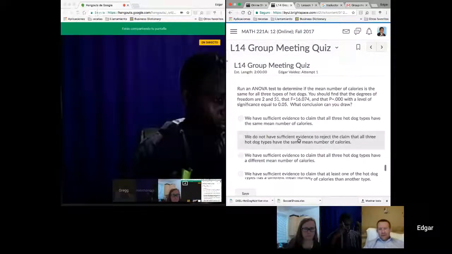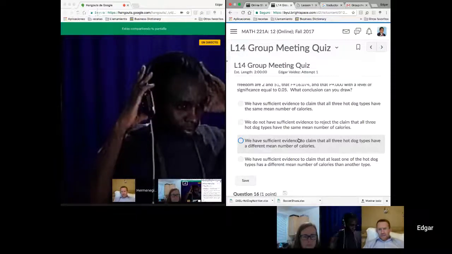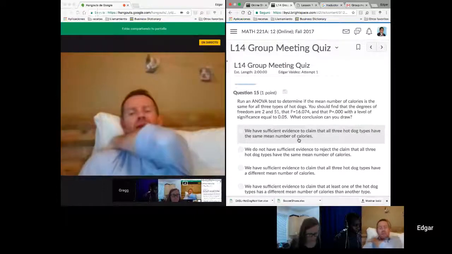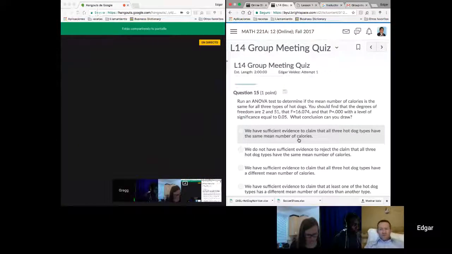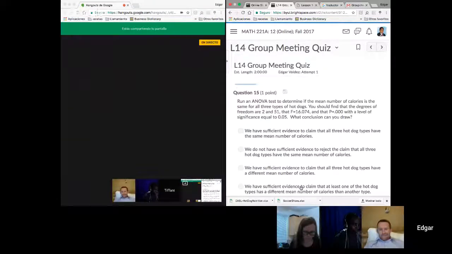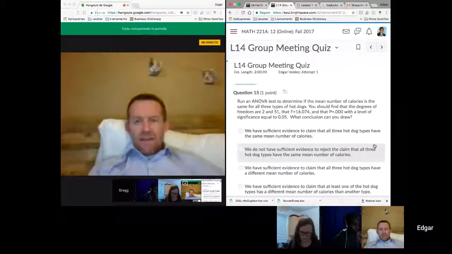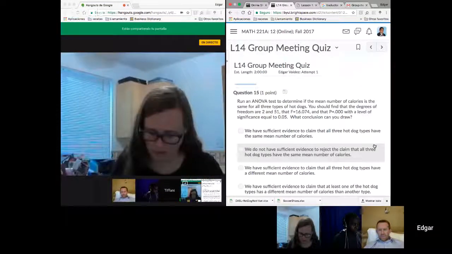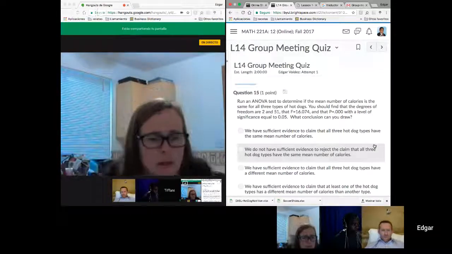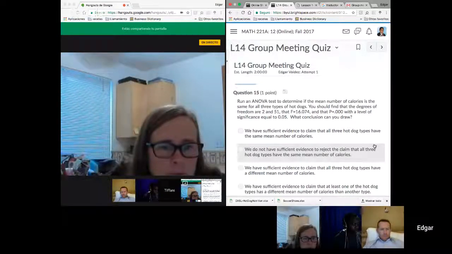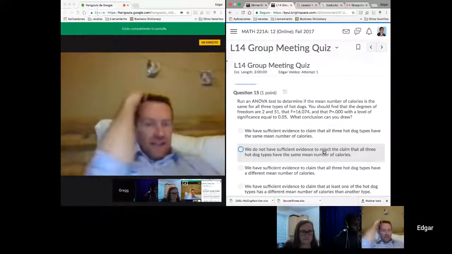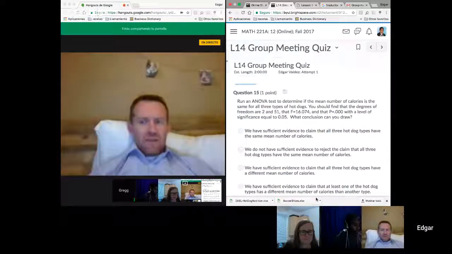The mean number of calories. The same would mean that the mean is the same for those 3. So we're rejecting the null, and we have sufficient evidence to reject the claim that all 3 hot dogs have the same mean number of calories.